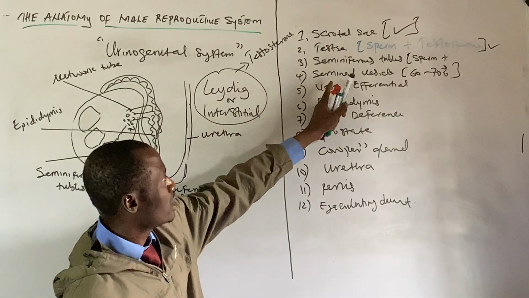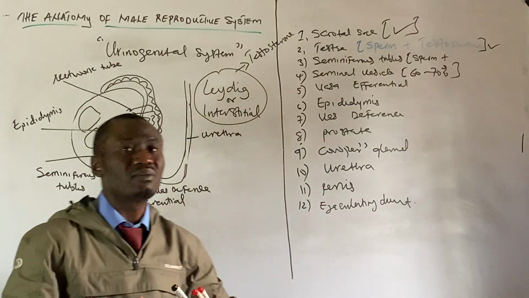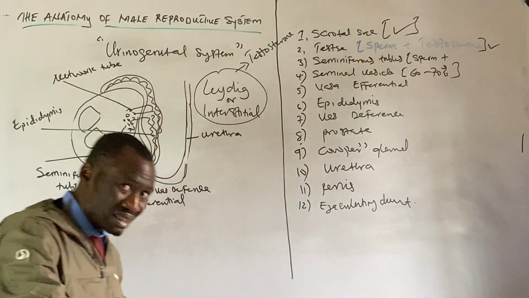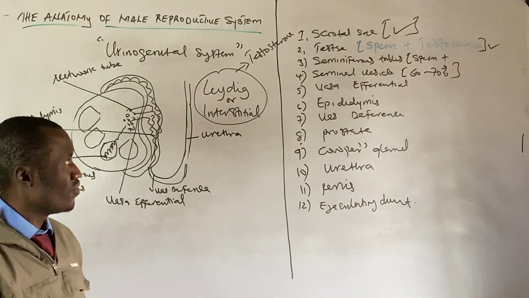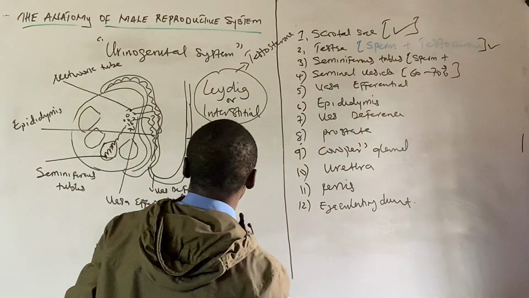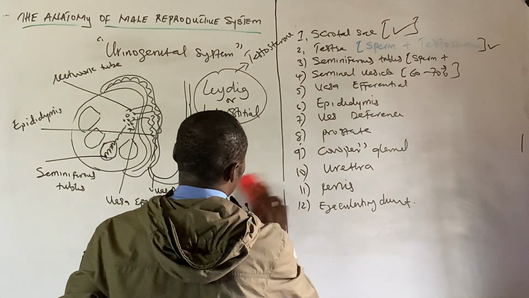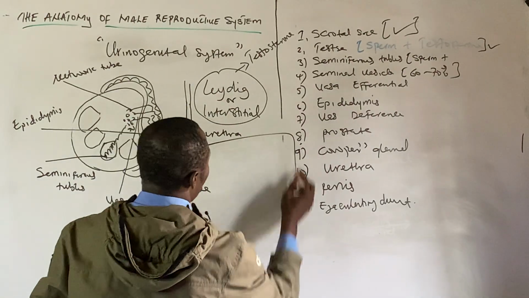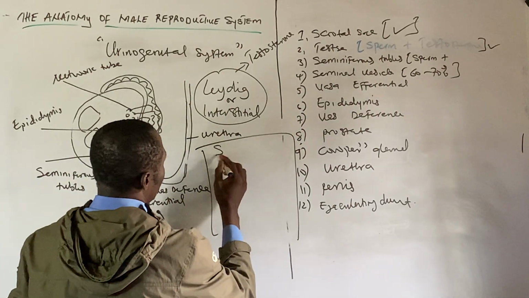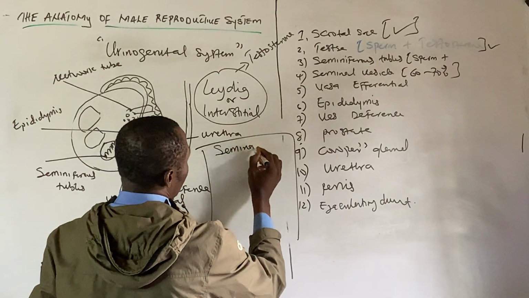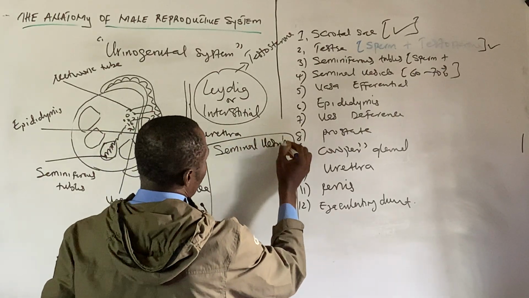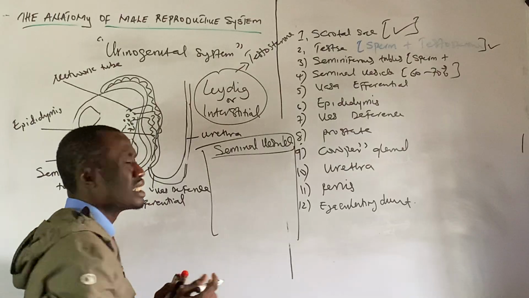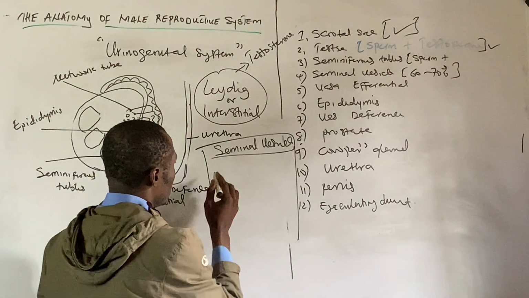Now let's go back to this seminal vesicle. 60 to 70% of the fluid in your semen is produced by the seminal vesicle. This seminal vesicle secretes seminal fluid.